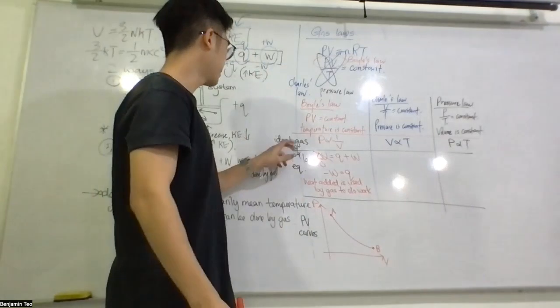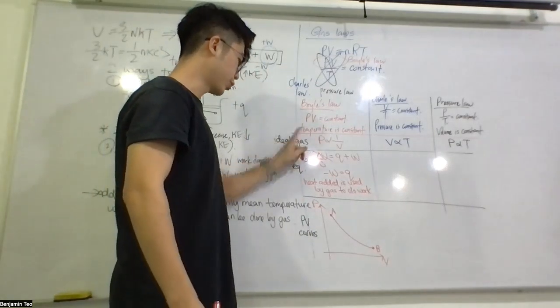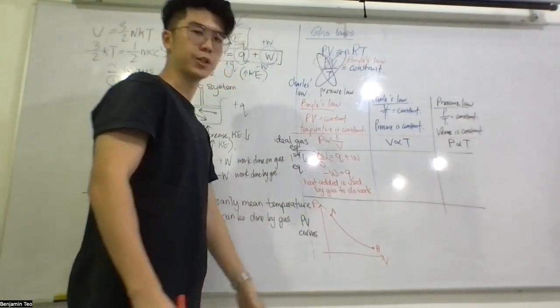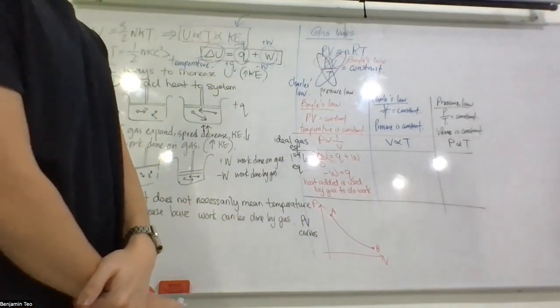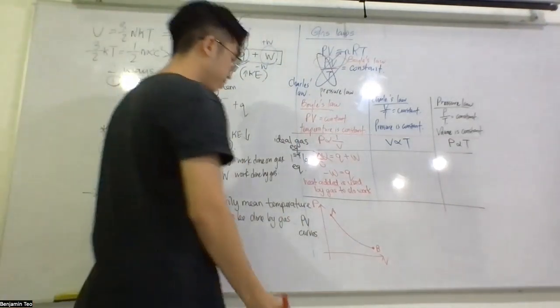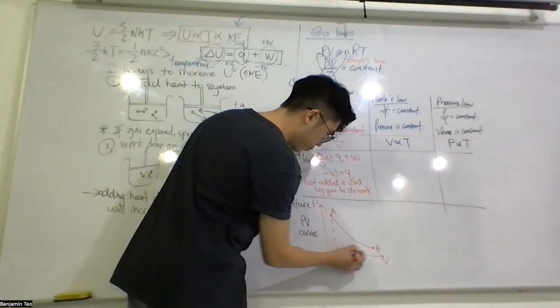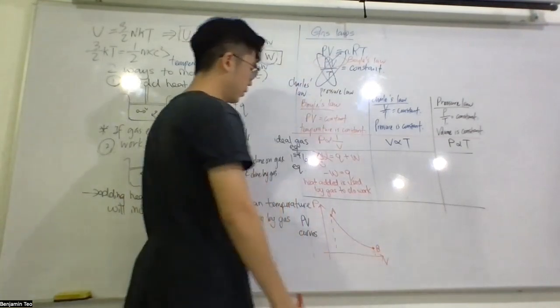Okay, so from the ideal gas equation is where we get the relationship. So the graph is an inverse relation. It's a curved graph dropping like this, V1, V2.